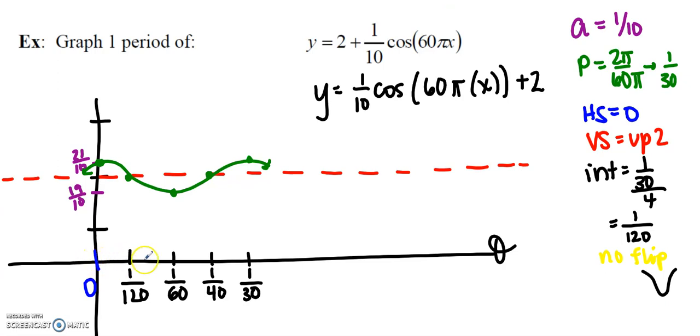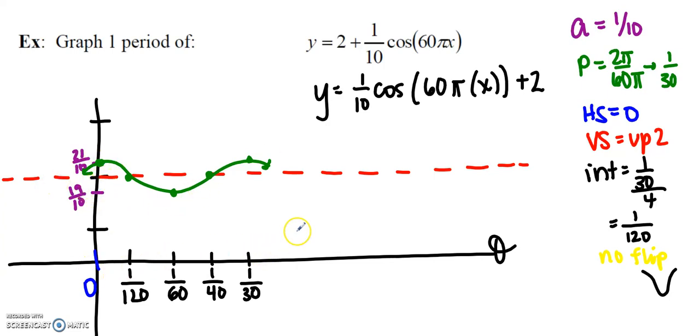But if you think about where on this x-axis is 2 pi, it is way far away, and we are having 60 pi of these squiggles by the time we get to that 2 pi mark. That's a lot. The amplitude is only 1/10, so from 2, my vertical shift, this would be 20 tenths, so this would be 21 tenths and 19 tenths.